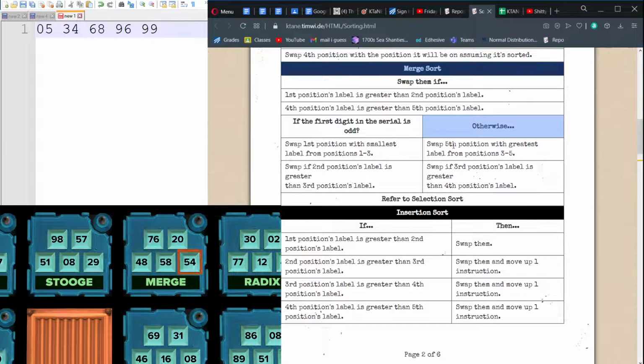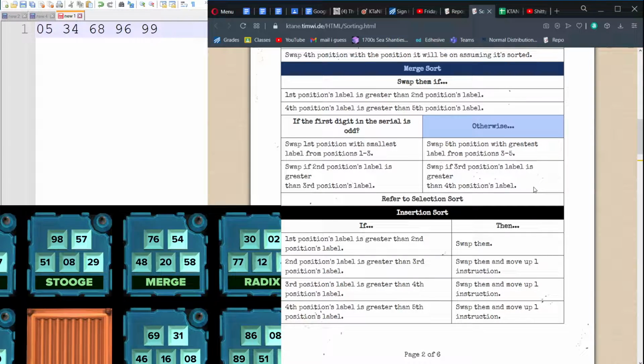which is swap the 5th position with the greatest label from positions 3 and 5. So let's see. The 5th position, the greatest label from 3 to 5 would be 58. And then we would swap the 3rd position with the 4th if the 3rd one is greater than 4, which it is.